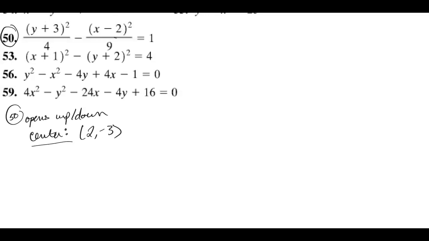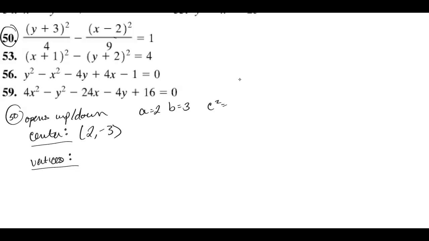We need to find vertices. So let's start by identifying a and b. So a is going to be under that first term, which is going to be 2. Remember, this guy's quantity a squared. b is going to be 3, because this is supposed to be b squared. So I would take the square root. And we're going to need c, so let's go ahead and figure that out.